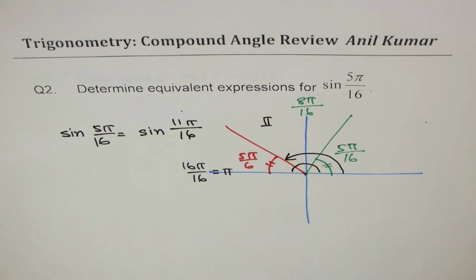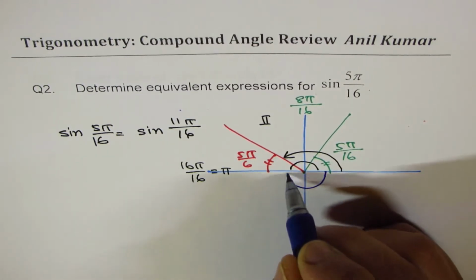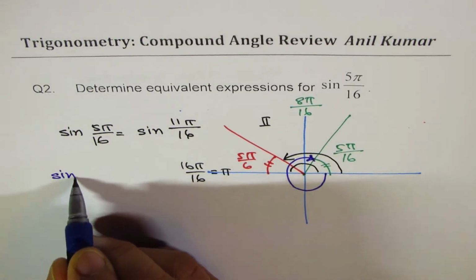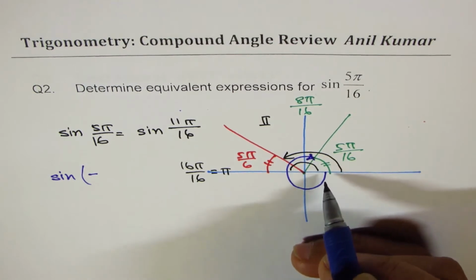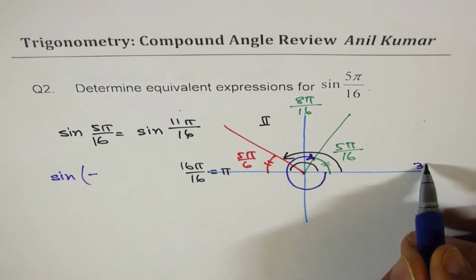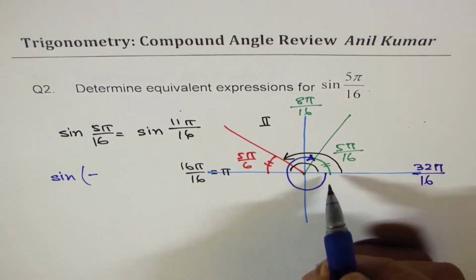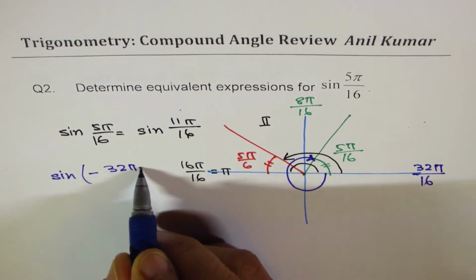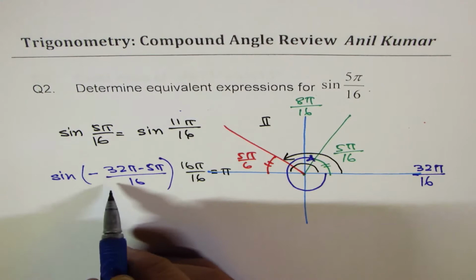Now, you could also write equivalent expressions when you go like this to the same point, right? In that case, it will be sine of minus. When you go like this, the angle is negative. Total angle here is 32, so it is 32 pi by 16. So if you take away 5, that is to say 32 pi minus 5 pi over 16, that can give you the answer, right?